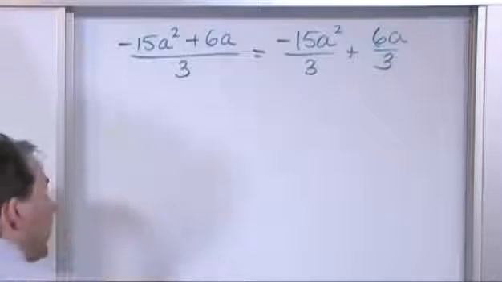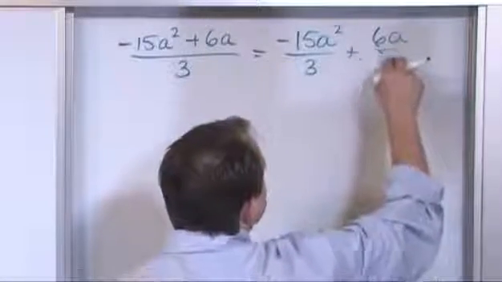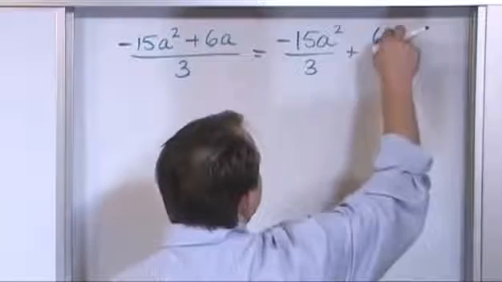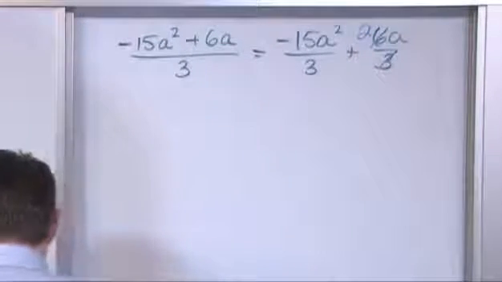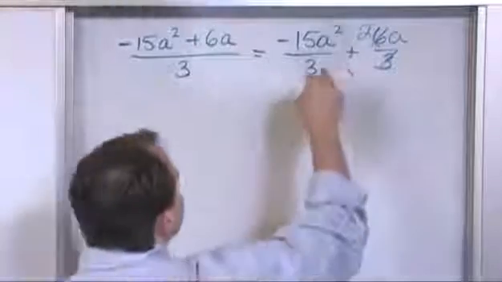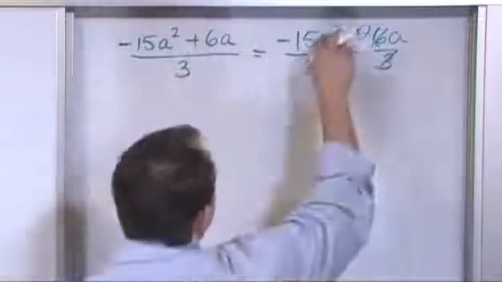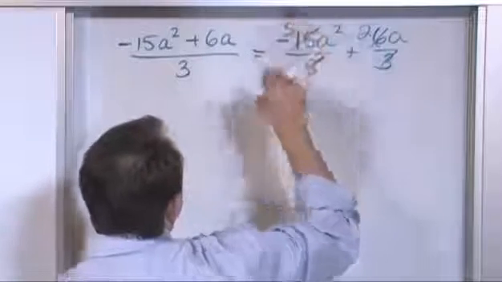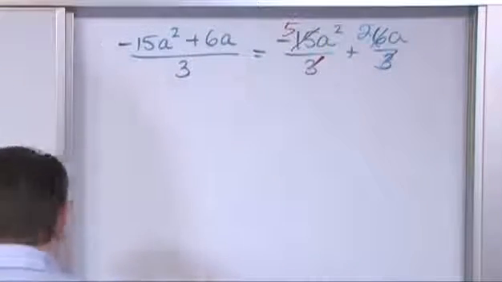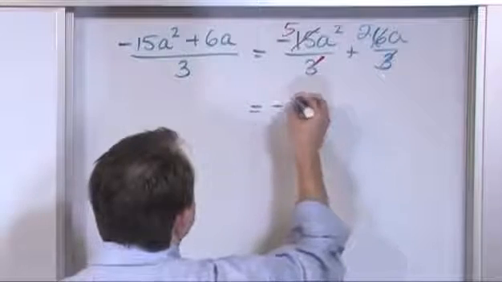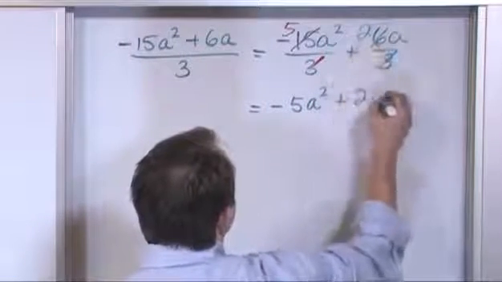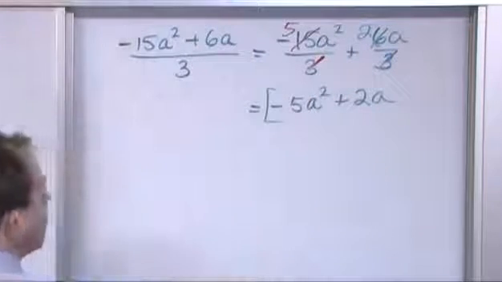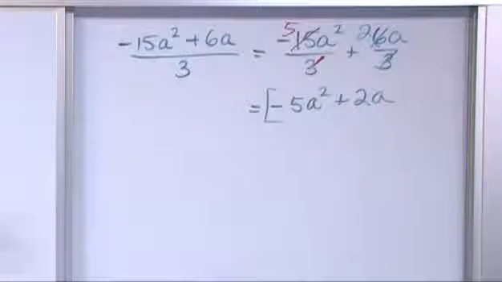And then when I look for cancellations, here I have 6 and 3, so I'm going to divide by 3. I'm going to divide this by 3, that's going to give me 2. That's a little bit hard to read, so I'll use red on the next one. I can divide this by 3, that's going to get rid of him. I can divide this by 3, that's going to give me 3 times 5 gives me 15. So ultimately I will have negative 5a squared plus 2 times a. So sometimes splitting these things up can really make a world of difference.